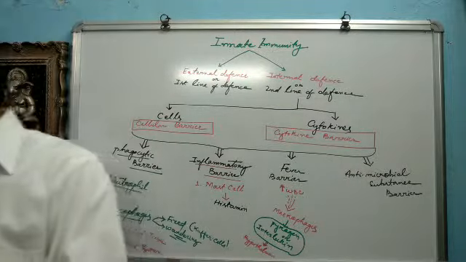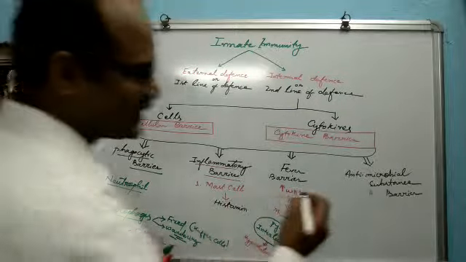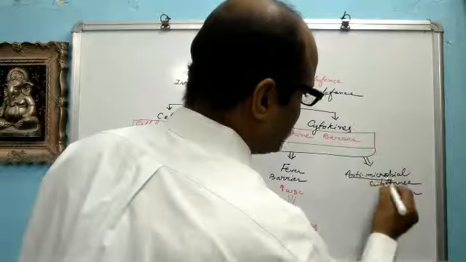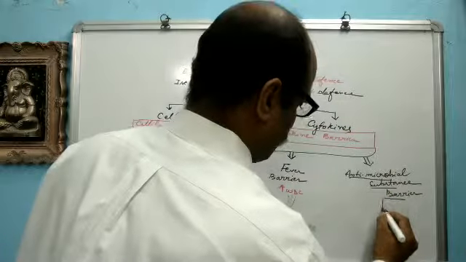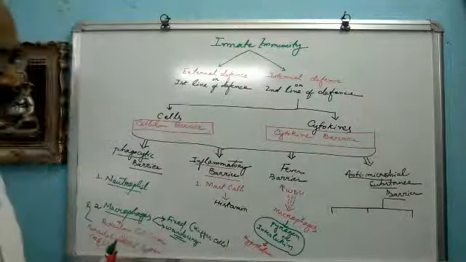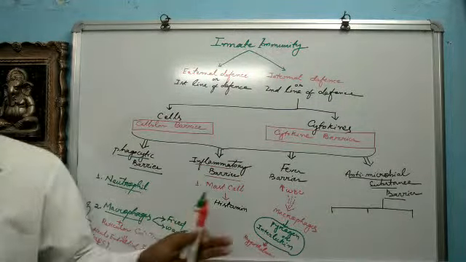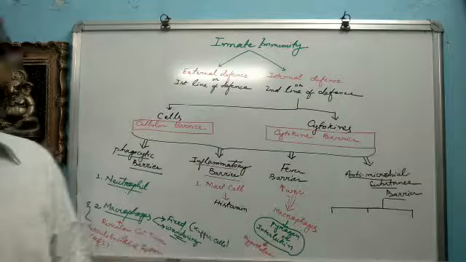So different types of chemicals may be released from the different immune cells, and you can say that this forms another barrier known as the antimicrobial substance barrier. First, come to the interferon.